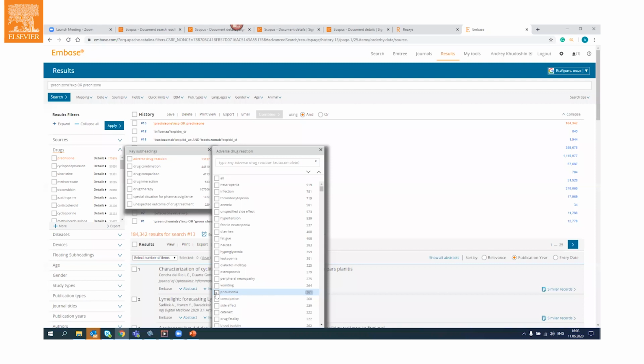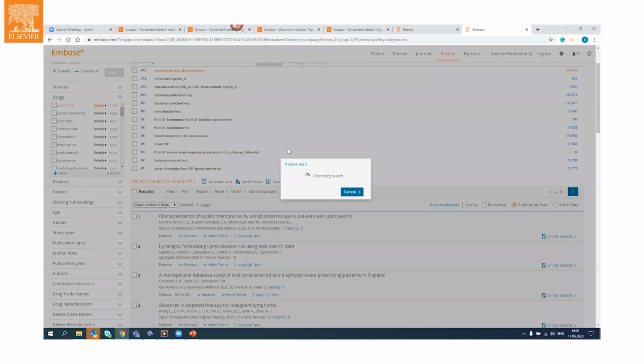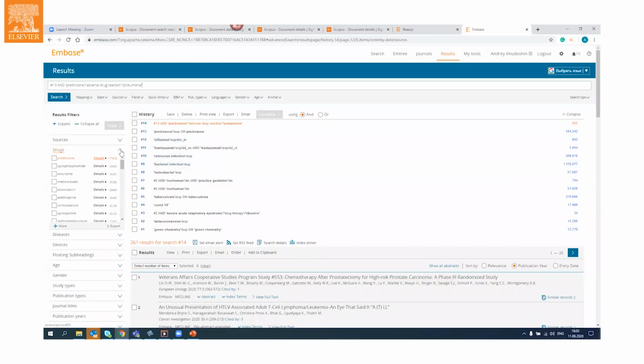And we can go into the details. We can find these 200 articles where pneumonia was a side effect of prednisone, and try to analyze what's going on there.